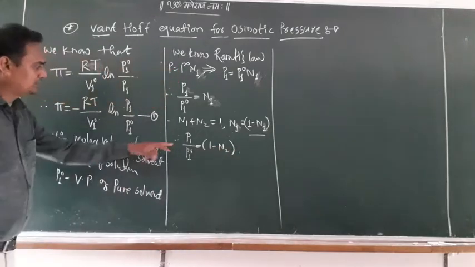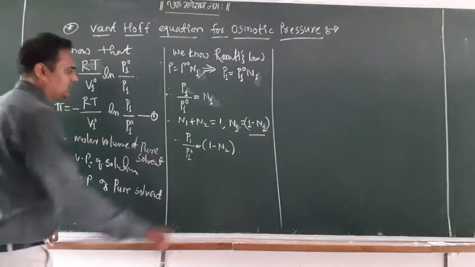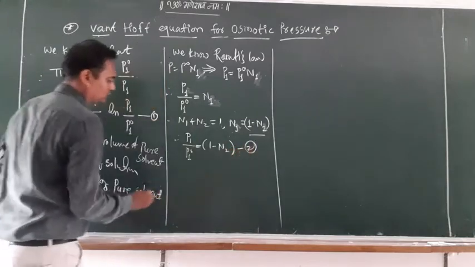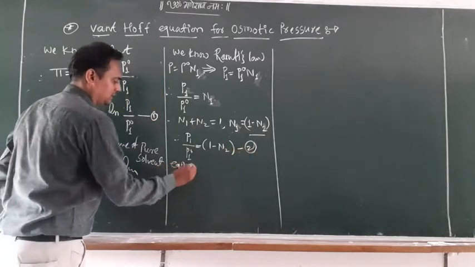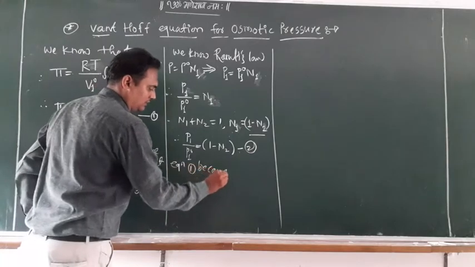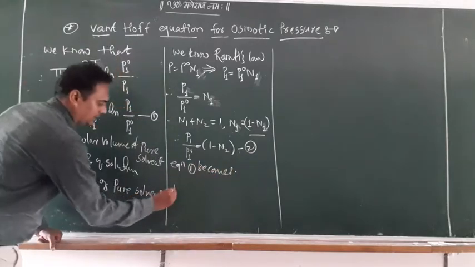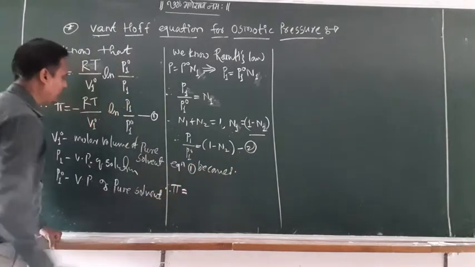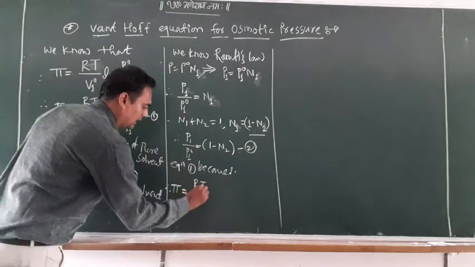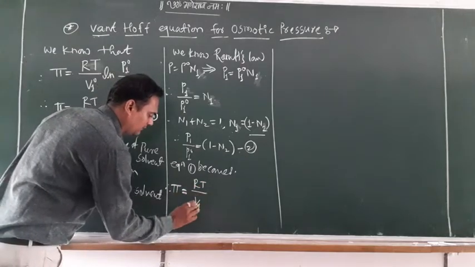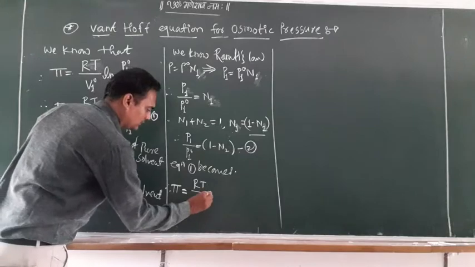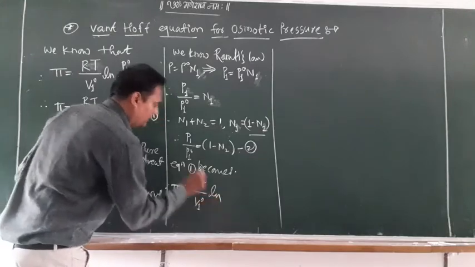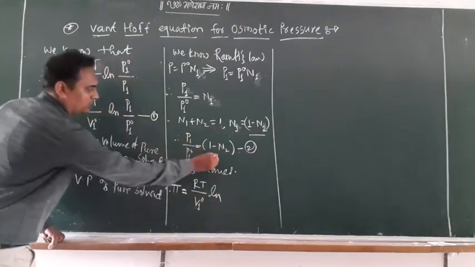So substitute this value in equation 1. Suppose this is equation 2. So equation 1 becomes pi is equal to RT upon V1 naught ln of P1 upon P1 naught, which is equal to 1 minus N2.